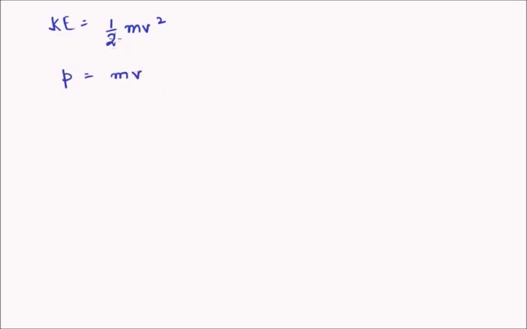So from this, we can write this as half m squared v squared by m. So basically it remains half m v squared, and then m into v the whole squared can be written as p squared.